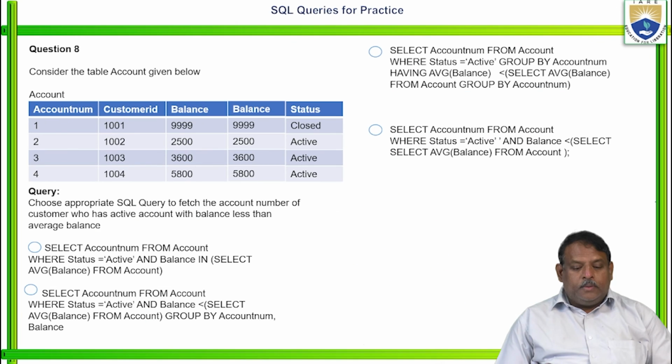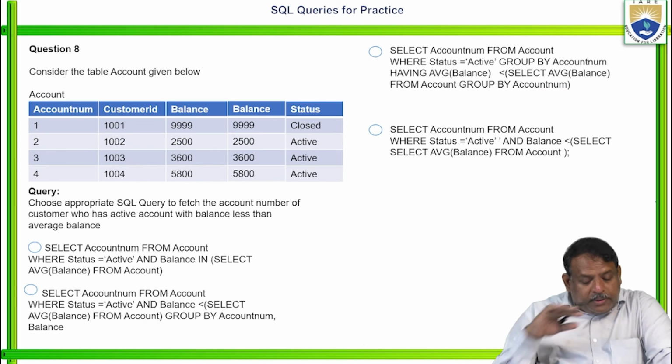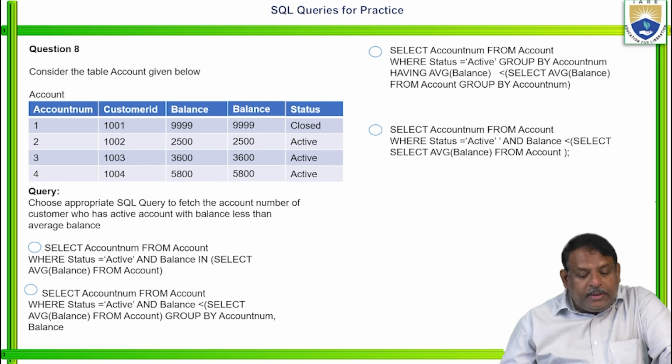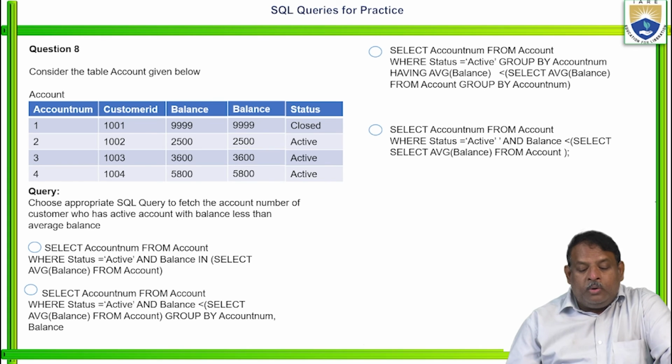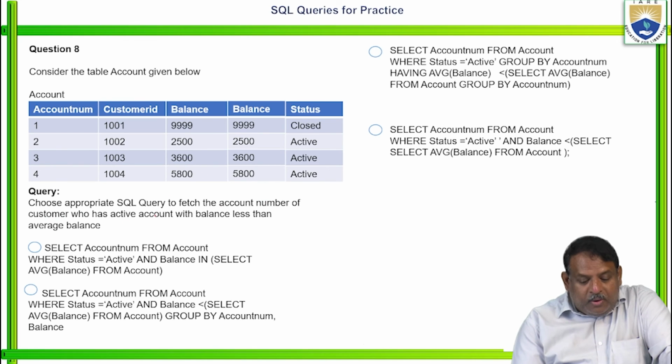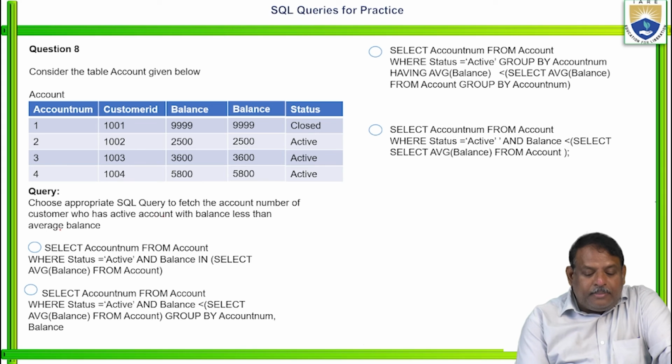Okay. Here the table is given. We have to choose the appropriate query that should give us the account number of the customer who has an active account, with balance less than the average balance.